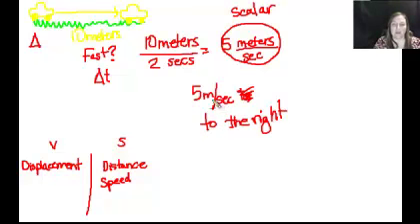When you've been given the direction and the magnitude, you're being given a vector quantity, and the vector quantity for how fast something moves is velocity. Now you've been given two examples of scalar and vector quantities, and hopefully if you were given a quantity, you could easily determine whether it was a scalar or a vector.